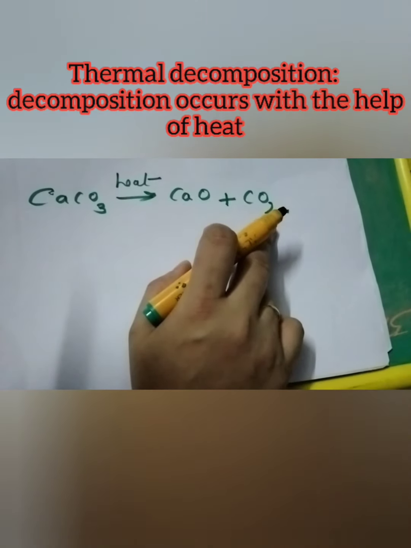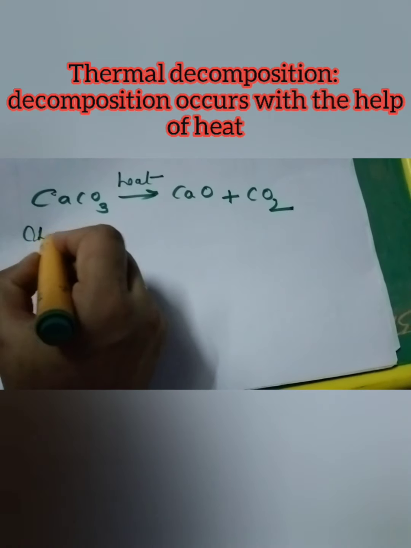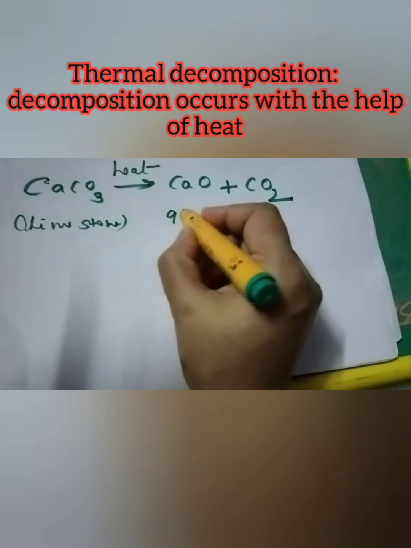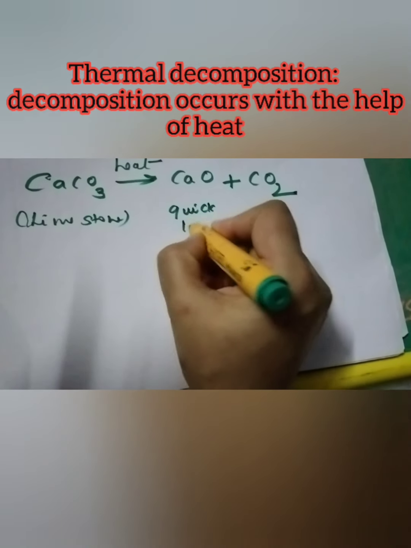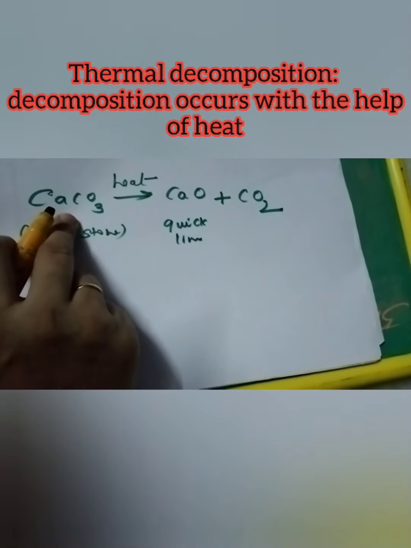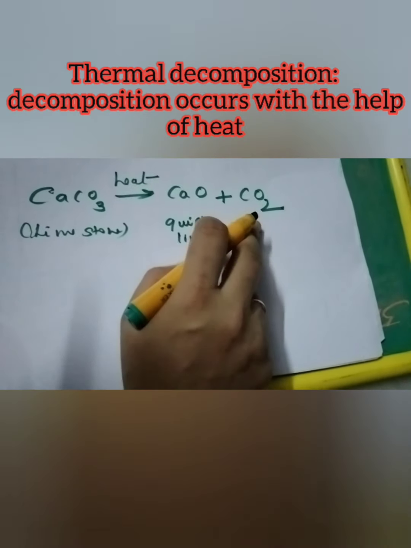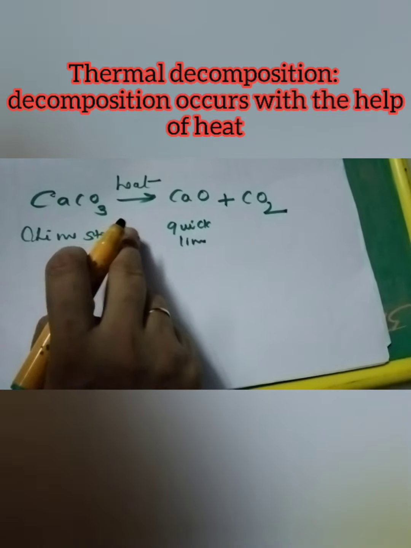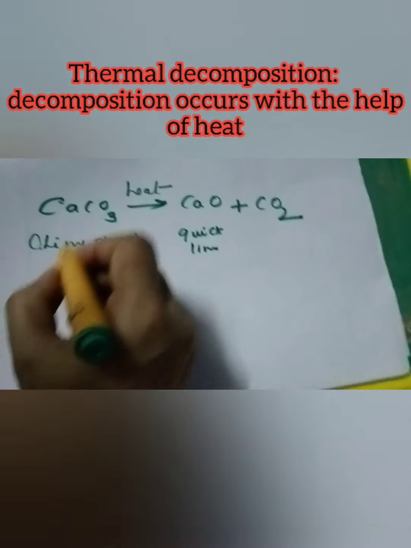Here calcium carbonate broke down into two products. Calcium carbonate is called limestone and calcium oxide is called quicklime. Here two products are formed with the help of heat, hence it is called thermal decomposition.